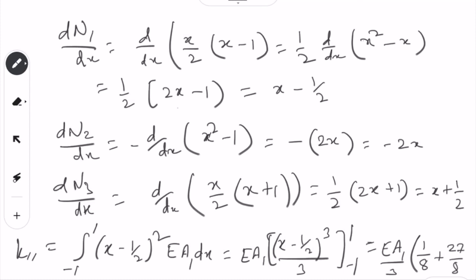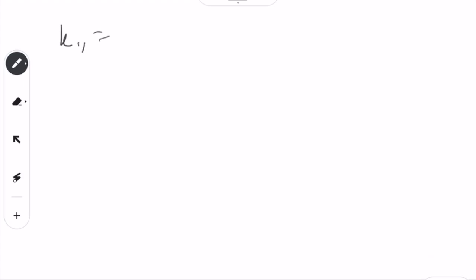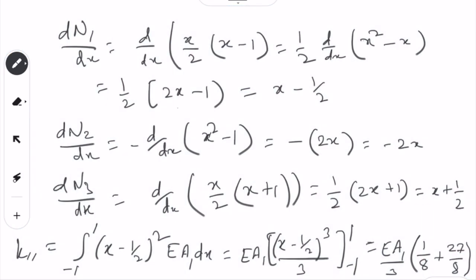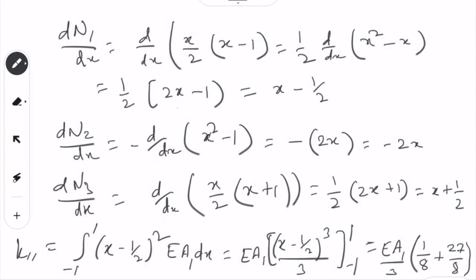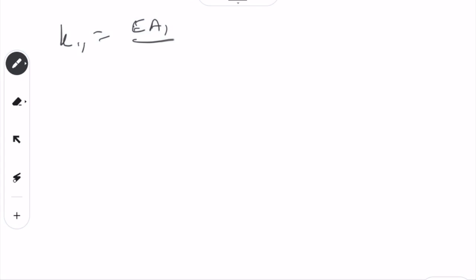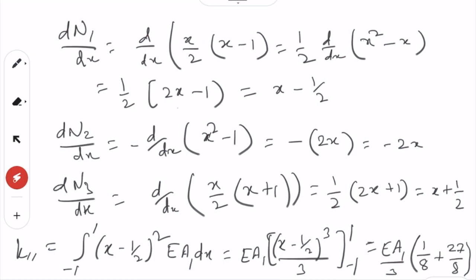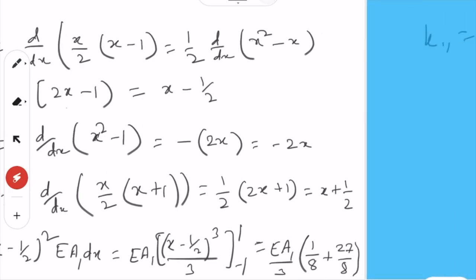So the value of K11 will be EA1 over 3 times 28 over 8, that is over 24, since 8 times 3, and 27 plus 1 is 28.